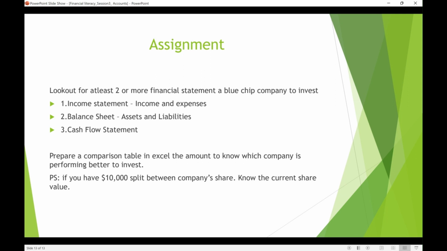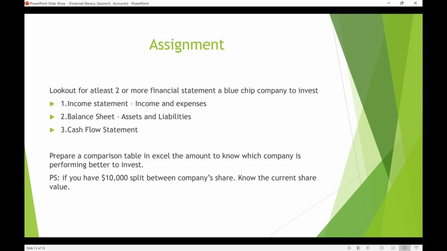So look out for at least two or more financial statements of any blue chip company which you want to invest in. Look at the income statements, balance sheets, and cash flow. Prepare a comparison table in an Excel sheet, with only the amounts, like the final net income, assets and liabilities, and the cash flow.